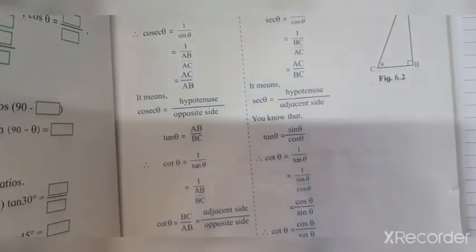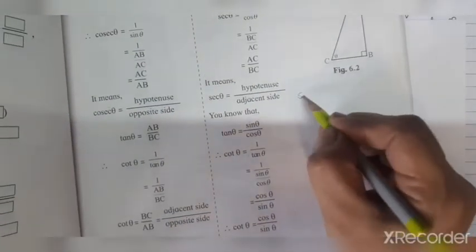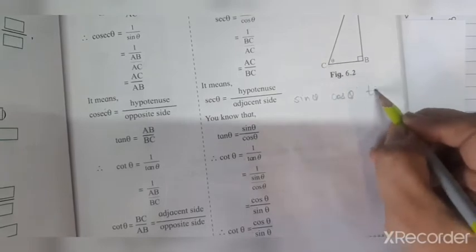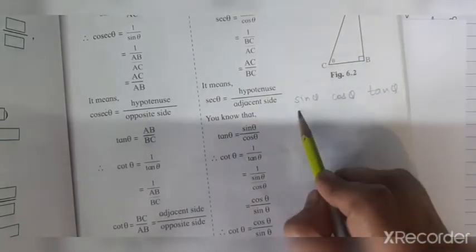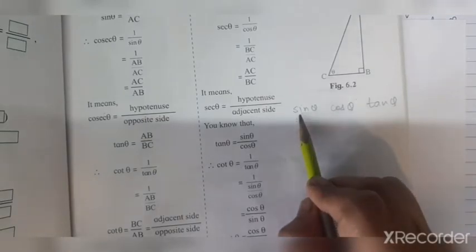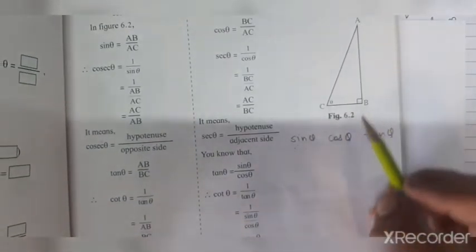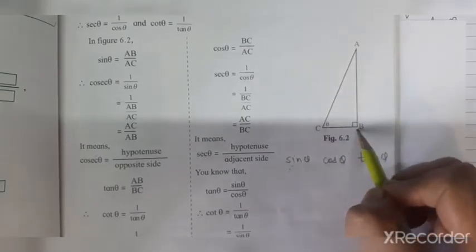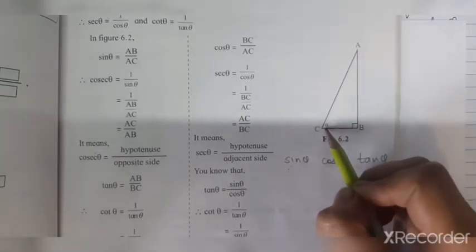So we have studied sine theta, cos theta and tan theta. Sine theta is opposite upon hypotenuse with respect to the right angle triangle. In this case, it's a right angle triangle with angle B as 90 degrees and angle C as theta.